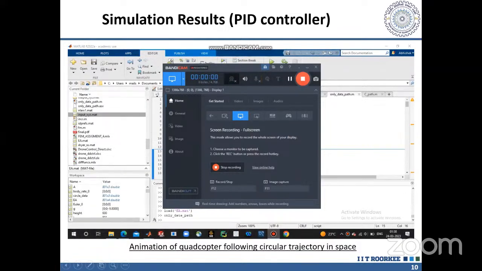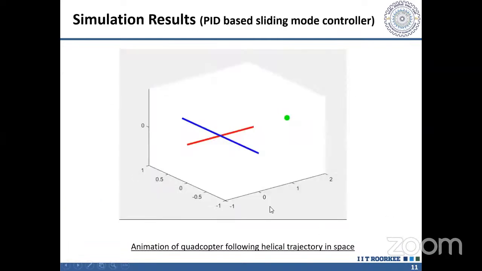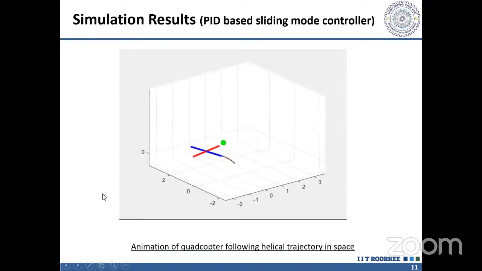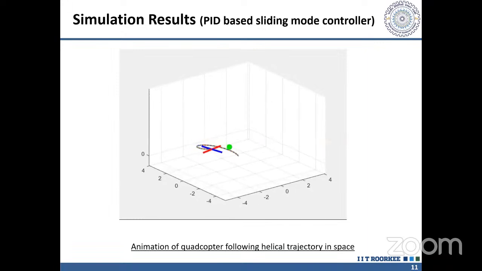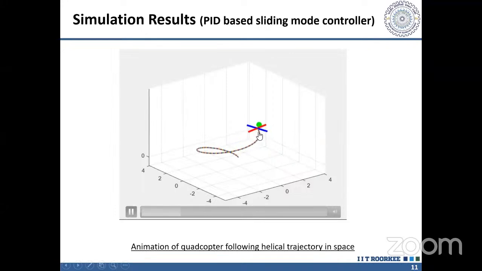In another case study, we are using a PID with sliding mode controller, and here we are using a helical trajectory. So this green dot generates the reference trajectory, and this drone follows this reference trajectory in a helical path, right?